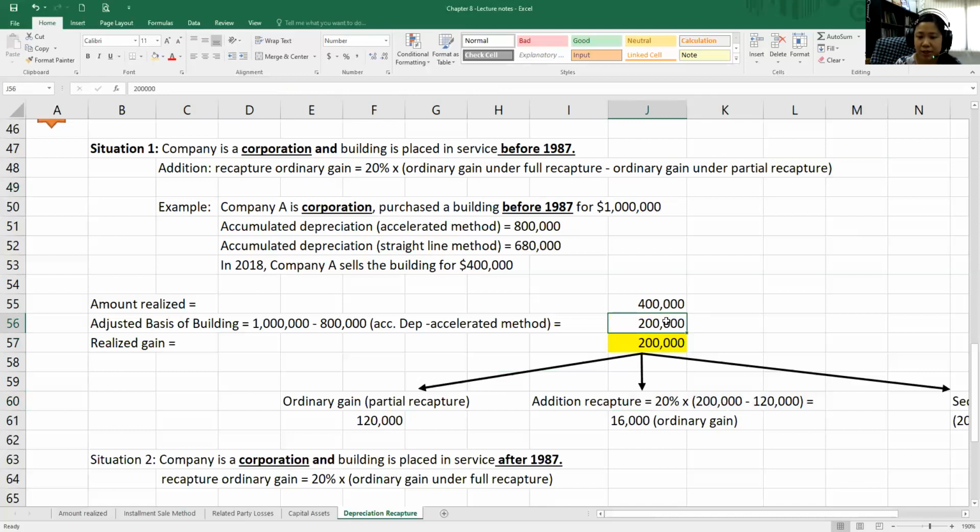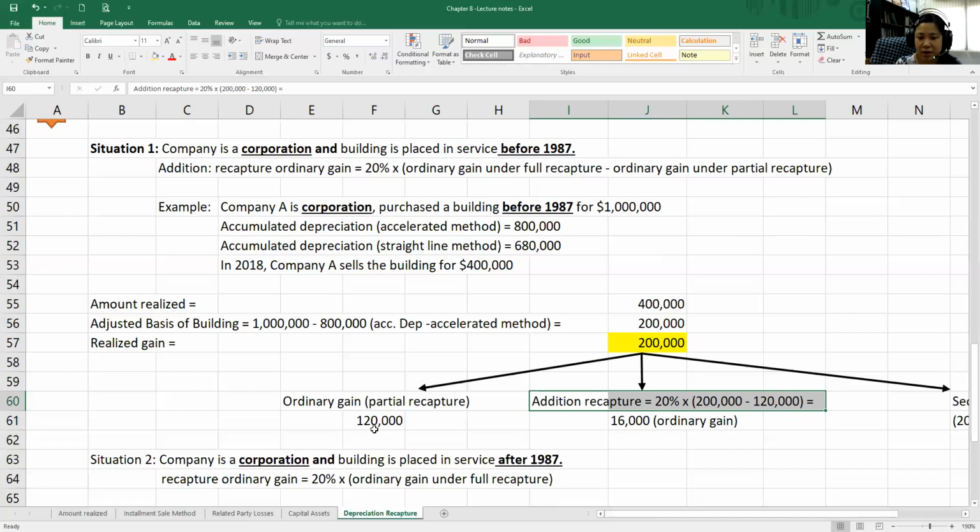Remember, the accumulated depreciation of the building is 800,000, and our gain is 200,000, so the ordinary gain under full recapture will be at most 200,000. Minus the ordinary gain under partial recapture, 120,000, that gives you 16,000 ordinary gain.